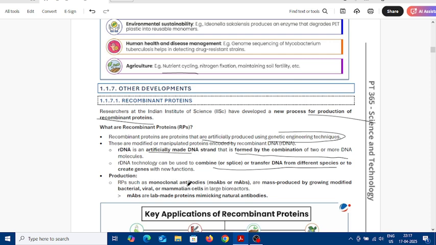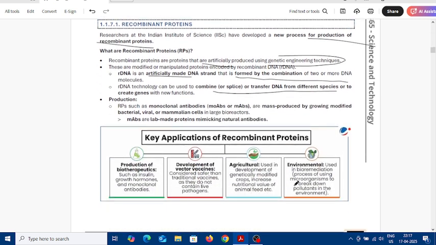Recombinant proteins such as monoclonal antibodies are mass produced by growing modified bacterial, viral or mammalian cells in large bioreactors. Then these MABs, monoclonal antibodies, are lab made proteins that mimic natural antibodies. इसका एप्लीकेशन ऑब्वियसली इन बायोथेरेपेटिक्स होगा, वेक्टर वैक्सीन्स बनाने में होगा, एग्रीकल्चर में होगा, इन्वायरमेंट में होगा.